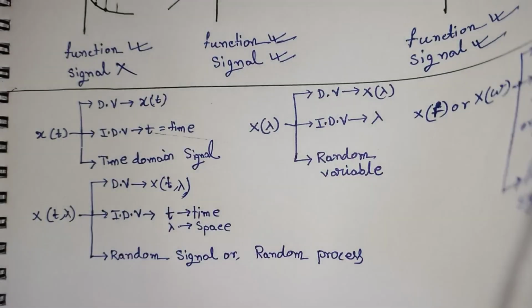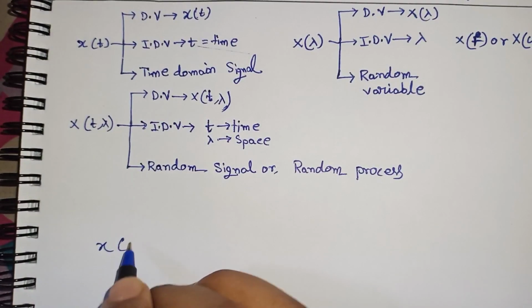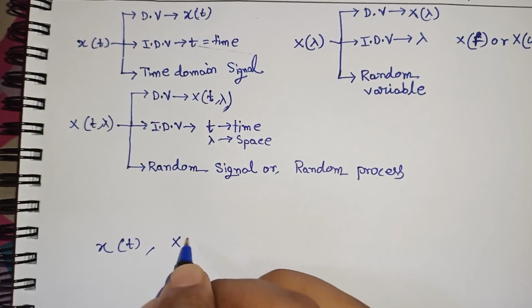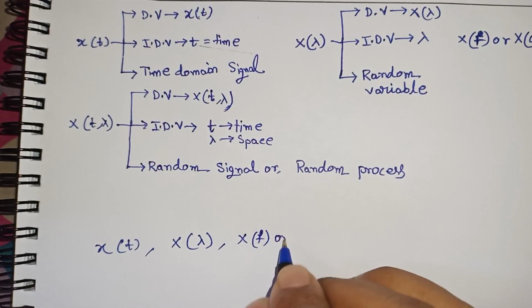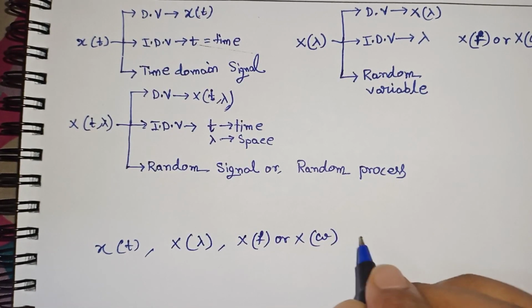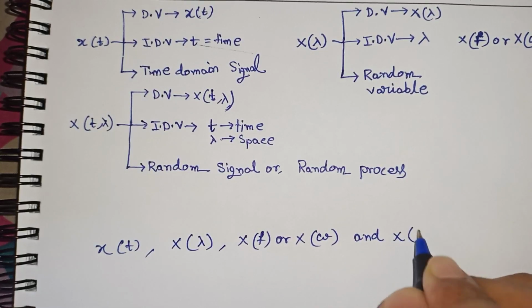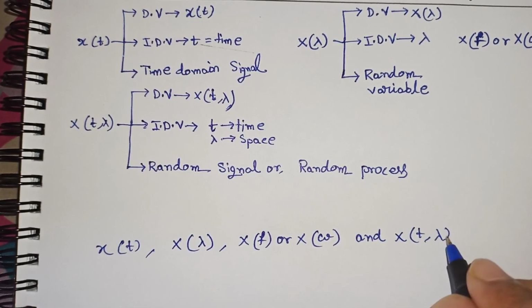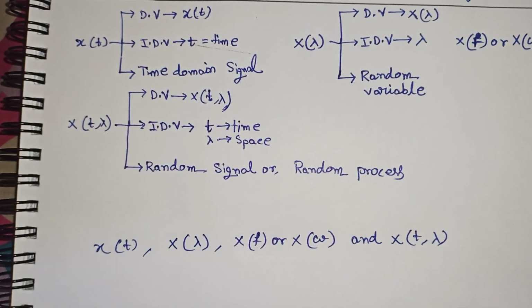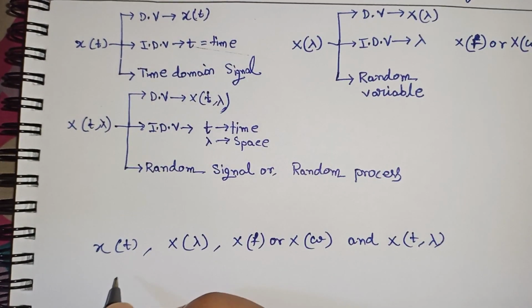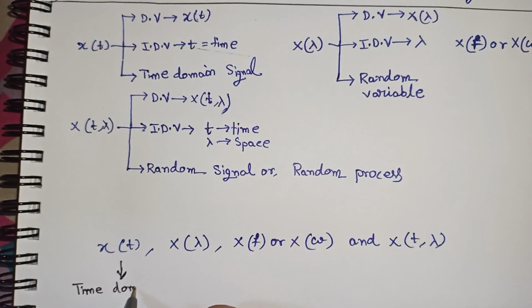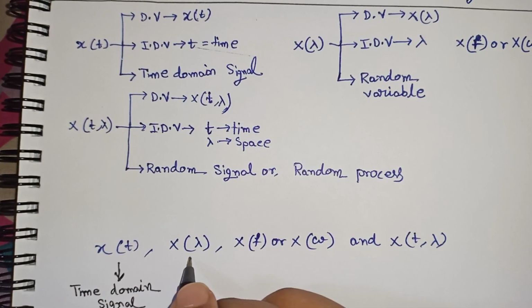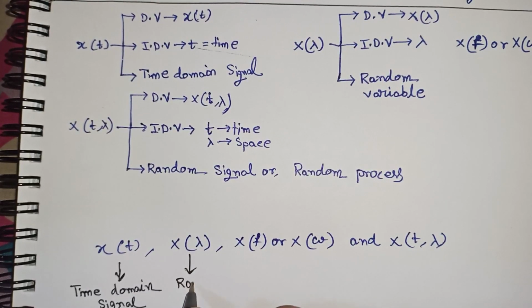First is x(t), x(lambda), x(f) or x(omega), and x(t, lambda). Let's revise this. What type of signal is this? It is a time domain signal. What is this? It is random variable.